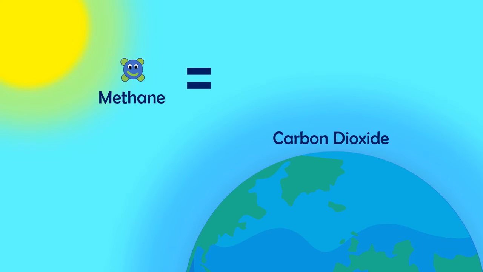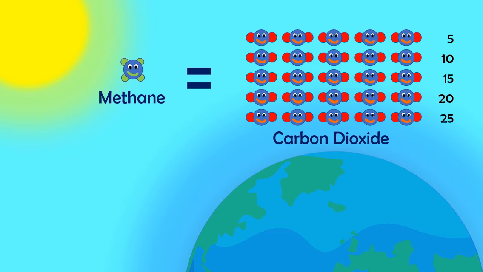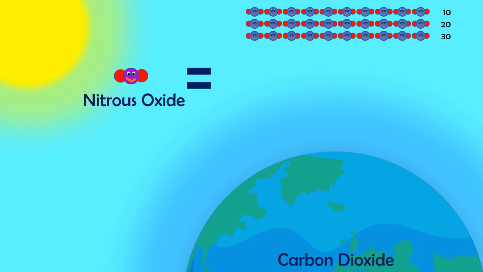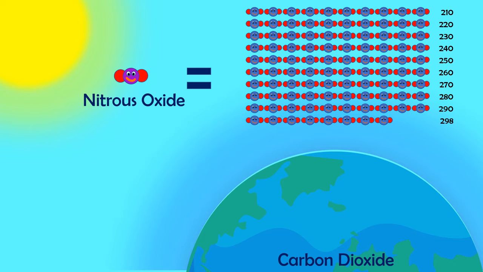Averaged over 80 years, each tonne of methane, the natural gas many of us use to heat our houses, has the same climate impact as 25 tonnes of carbon dioxide. And each tonne of nitrous oxide has the same impact as 298 tonnes of carbon dioxide.